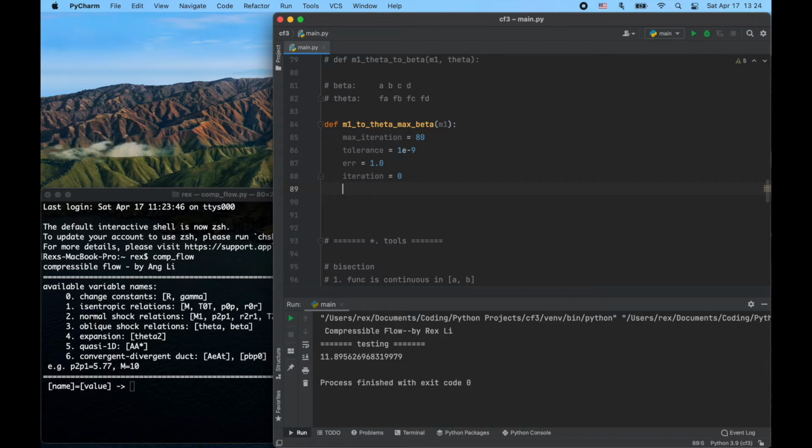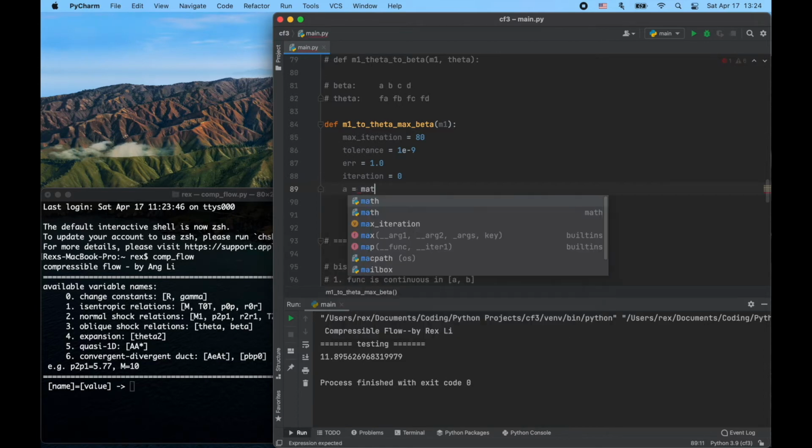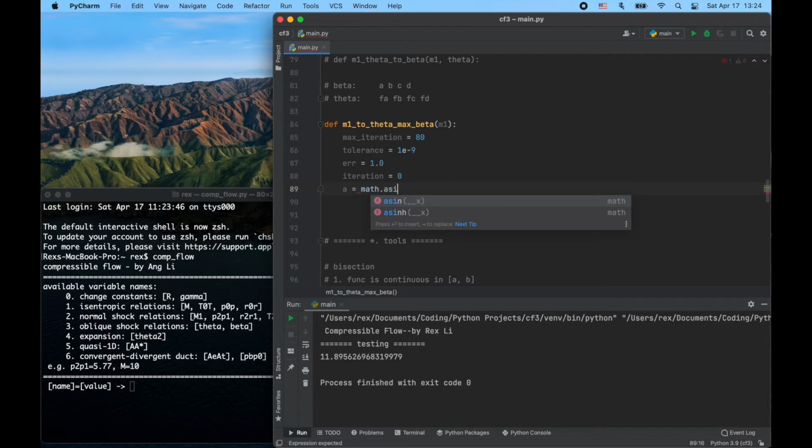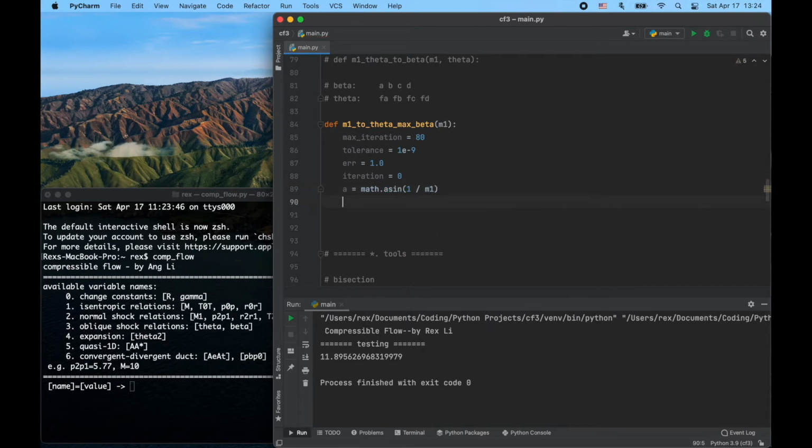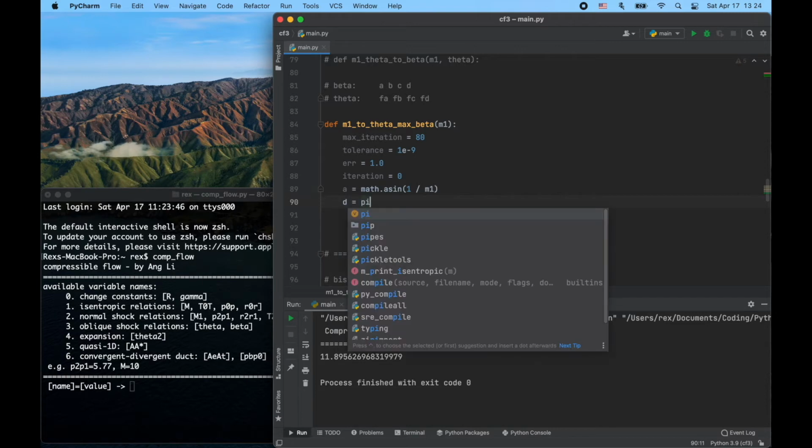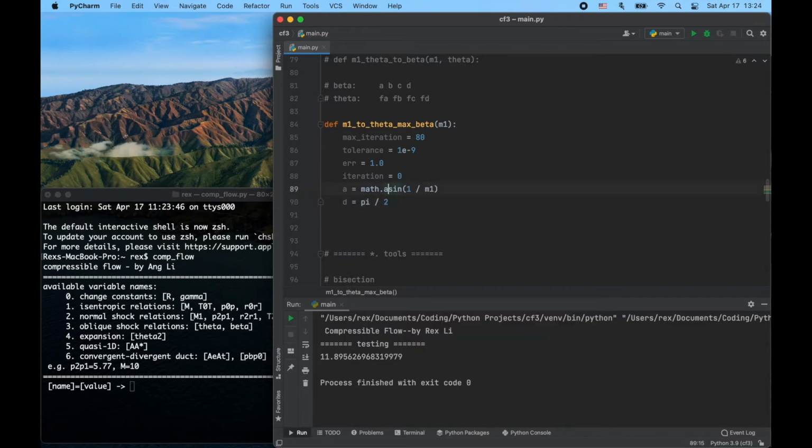And let's give it the initial values for A and D. A is simply mu, which is arcsine of 1 over the Mach number. D is pi over 2. And B and C are just None.